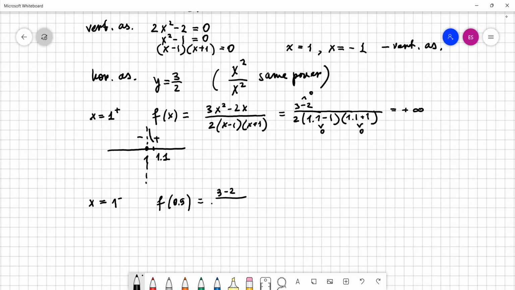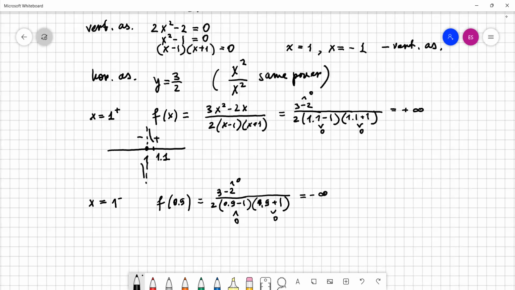You can put 2, 0.9 minus 1, 0.9 plus 1. This is greater than 0, this is less than 0, this is greater than 0. This is going to be a huge number. Well, right now it's not huge, but it's going to be huge if you get closer to 1. So we're going to have negative infinity. So the graph is going to be approaching over here.